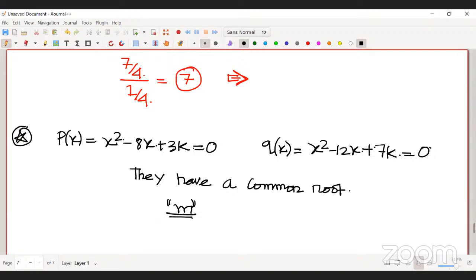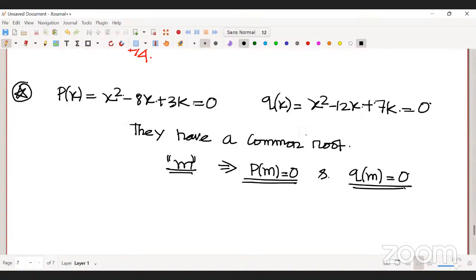So if they have a common root, that means P of m is 0, right? And Q of m is also 0.